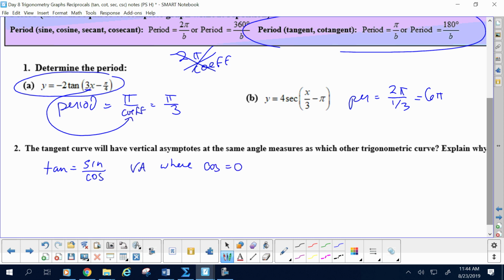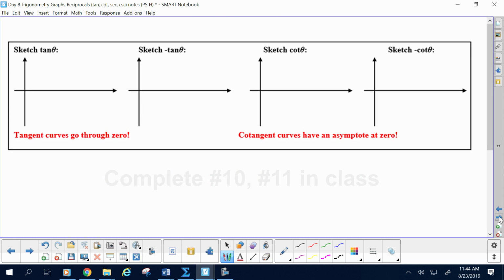What other function has cosine in the denominator, and therefore will have the same vertical asymptotes? Secant also has cosine in the denominator. So secant is the answer. Okay? All right.